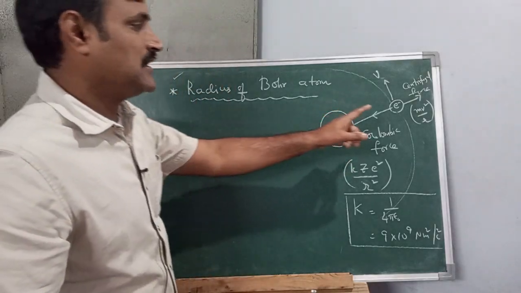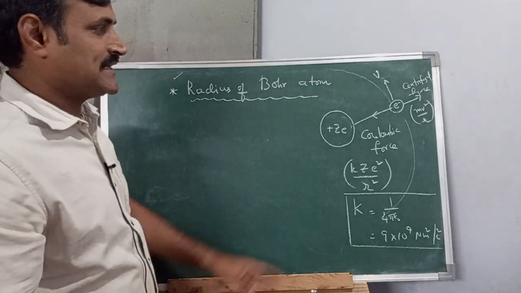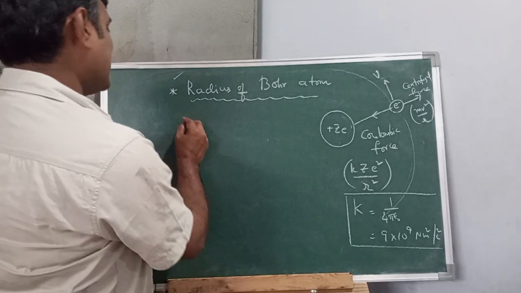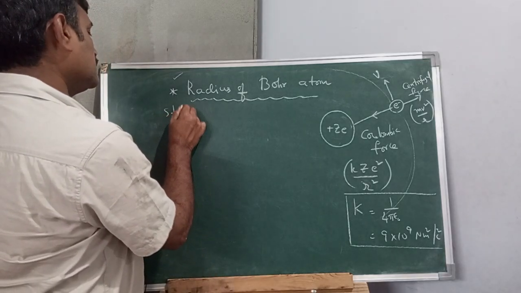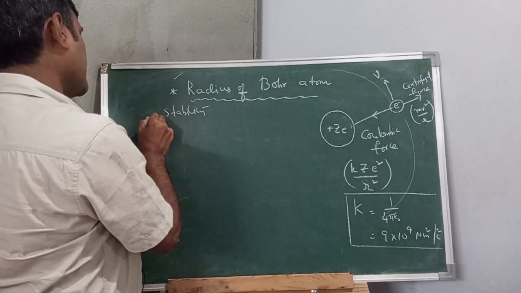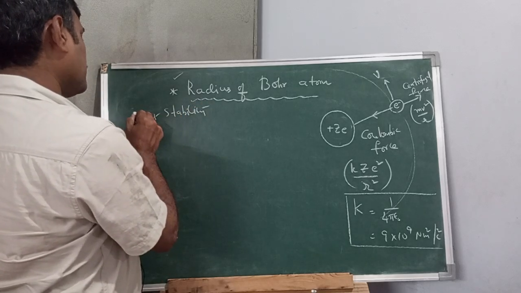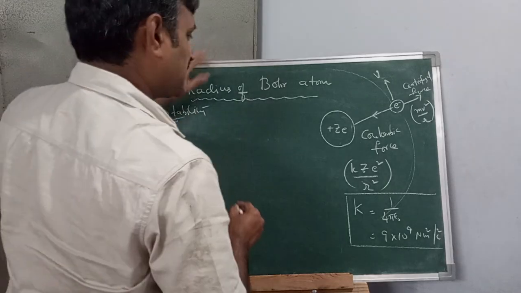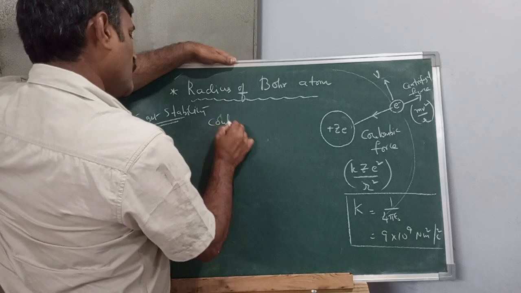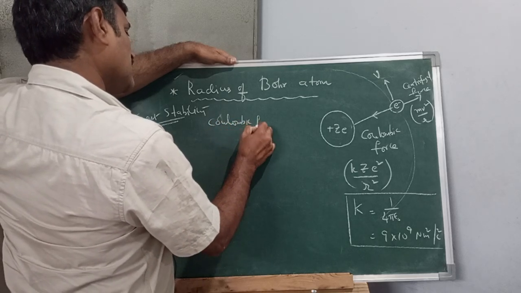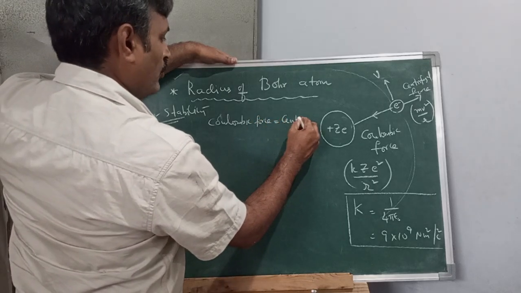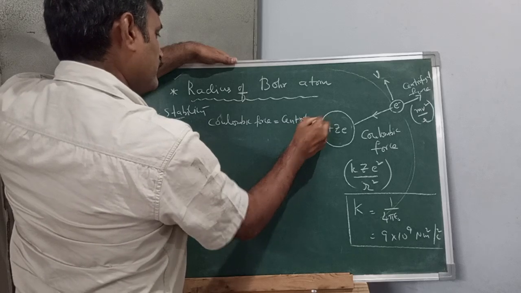And another thing is centrifugal force, that is the formula mv square by r. So then what is this concept? To get stability, the electron gets stability due to this concept. One force is called the Coulombic force, and the Coulombic force should be equal to the centrifugal force.